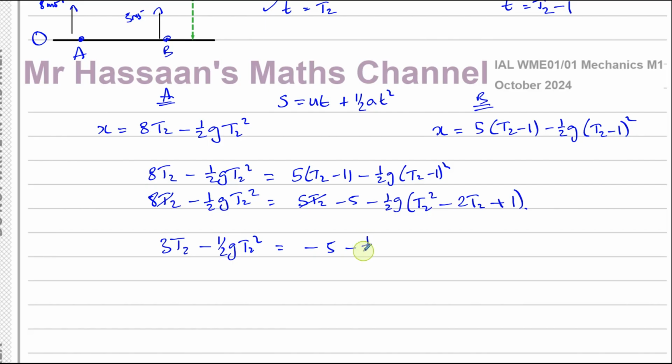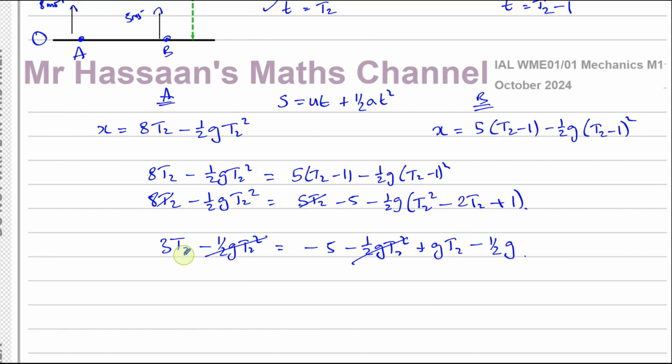So I've got minus a half GT2 squared, and minus a half times minus 2 is plus the half and 2 cancel, GT2, and then minus a half G times plus 1 is minus a half G. Okay, so now minus a half GT2 squared cancels out because they're both the same on opposite sides. So if I bring them together, they'll become 0.